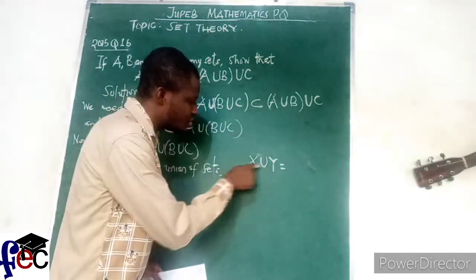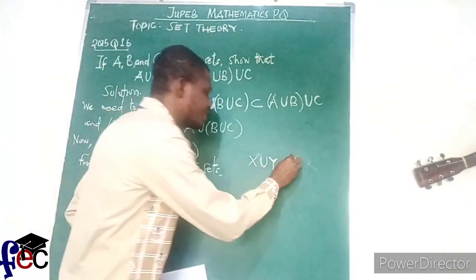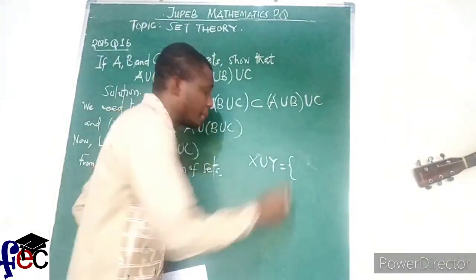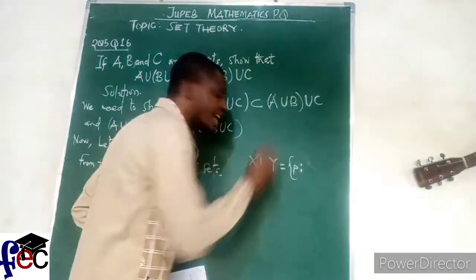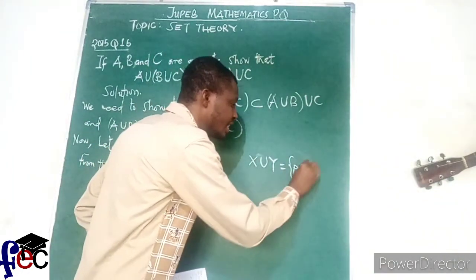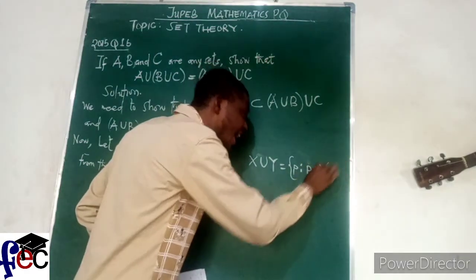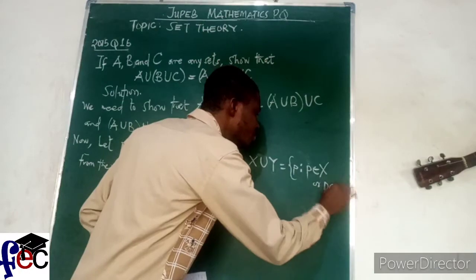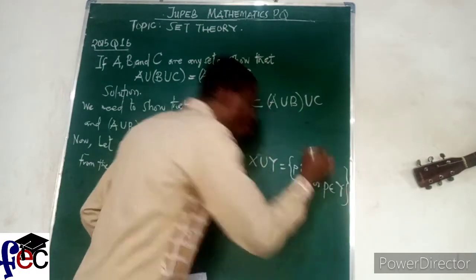If we have x union y, what this simply means is that it's a set of elements. I want to choose an element, say P, such that P is a member of X or P is a member of Y. That's all.